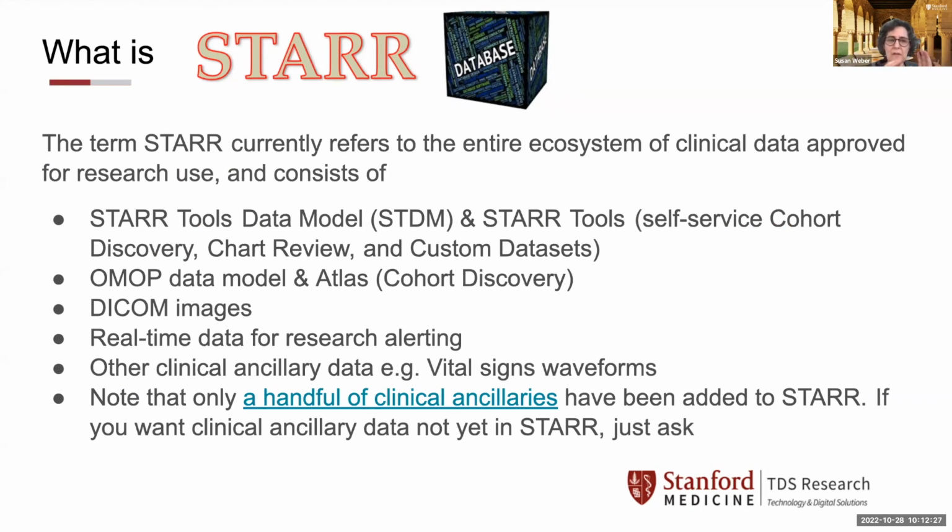So it includes not only the STARR tools and their custom data model, it also includes OMOP, it includes de-identified DICOM, it includes real-time research alerting, it includes a handful of other clinical ancillary systems data that we've managed to obtain for research purposes. So it's much bigger than just the web tools that we're discussing today. Next slide, please.